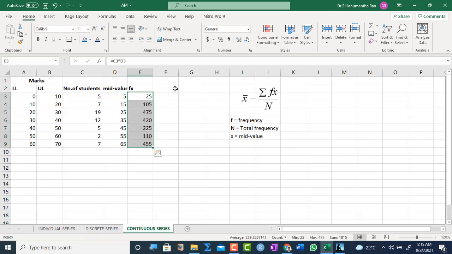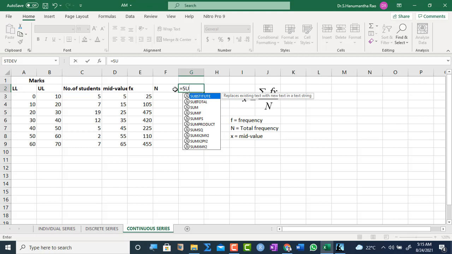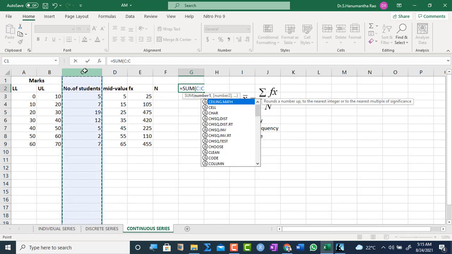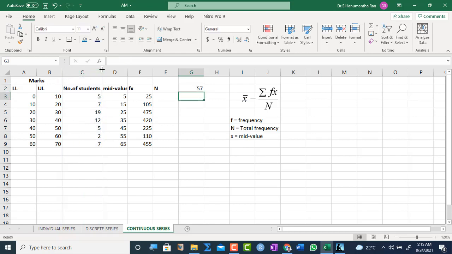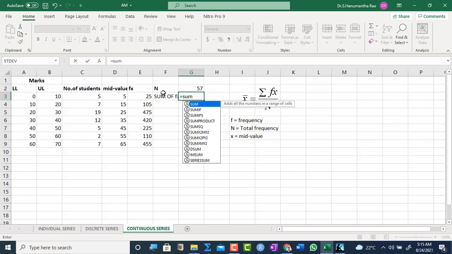Now I want to calculate n. n is total frequency, equal to the sum of frequency, where frequency is the number of students, and the sum of fx.